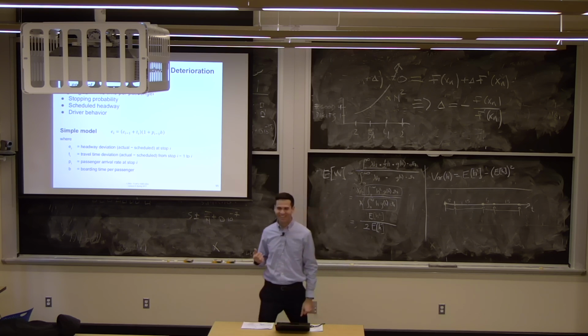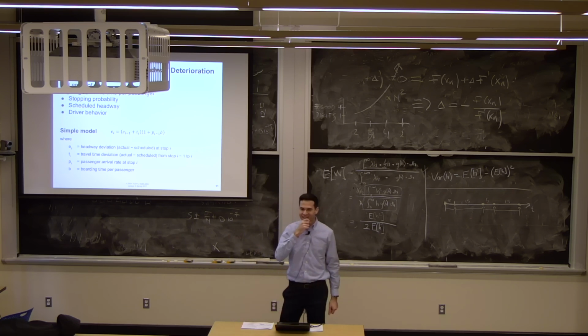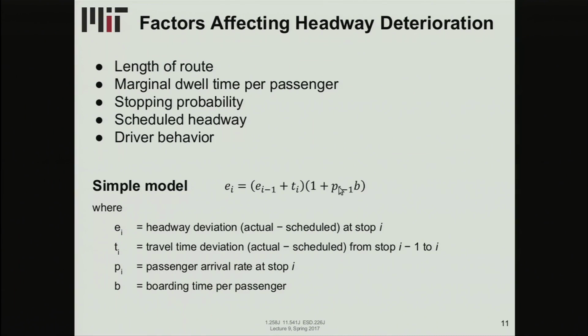Good segue. This is only the extra, because this is a model of headway deviation. You have this passenger arrival rate and the boarding time, but you're not multiplying times the whole headway.